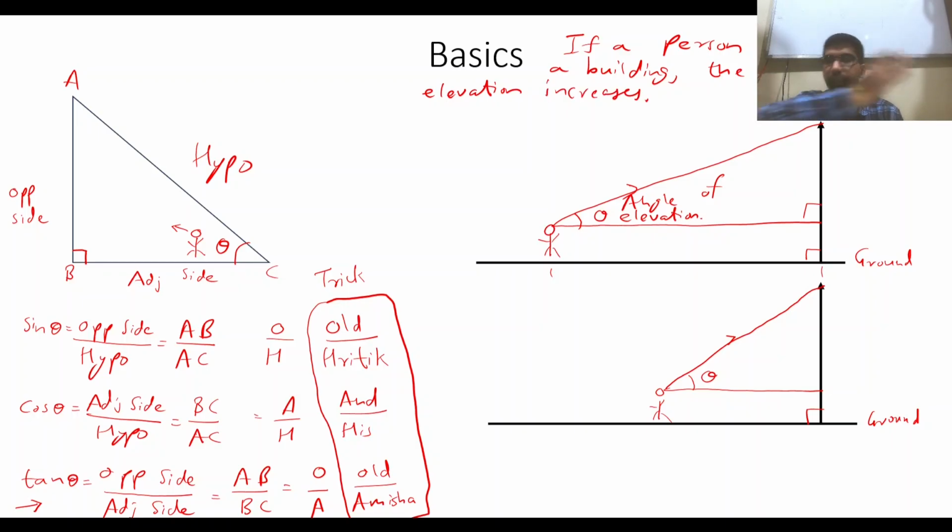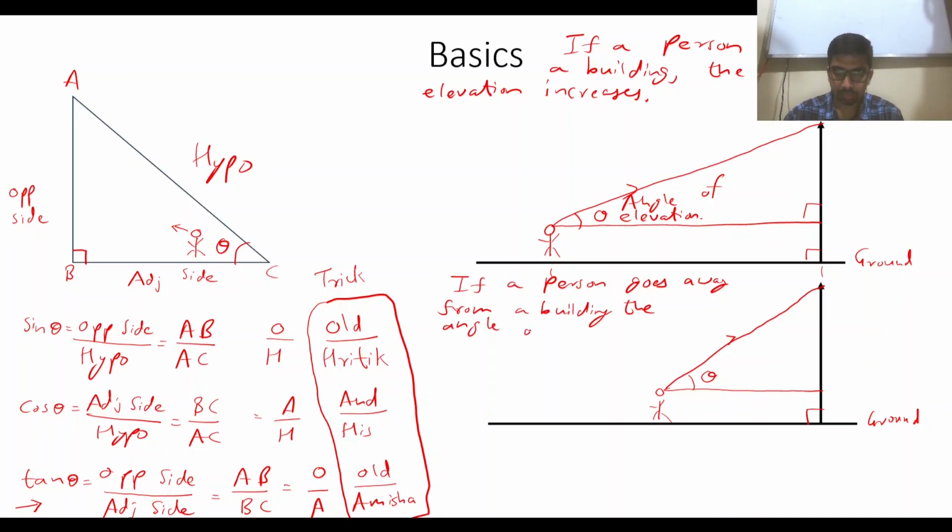If a person goes away from a building, the angle of elevation decreases. I'm writing this over here because I don't have much space.